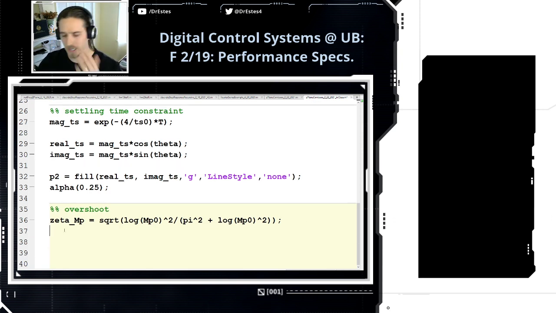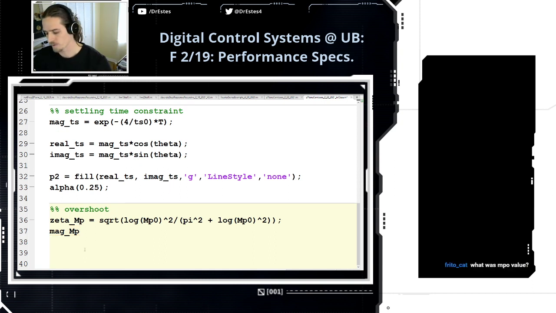Because this is where things went haywire for me this morning. I know what the shape should look like, so I know what I want to get, and this is not what I was getting. Okay, so we're going to do magnitude of the root. But this is the magnitude corresponding to, wait, let's call it mag MP. This is the magnitude of our roots for the overshoot.